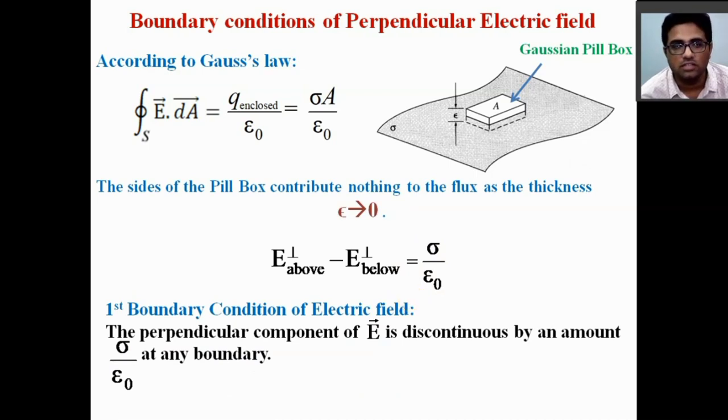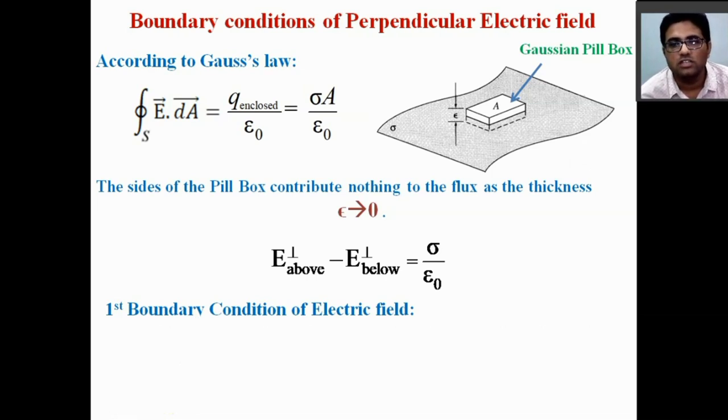It tells us that the perpendicular component of the electric field is discontinuous by an amount sigma divided by the free space permittivity at any boundary. Now suppose we have a boundary between two dielectric materials. In that case, this will be sigma divided by the permittivity of the material. That you have to remember.